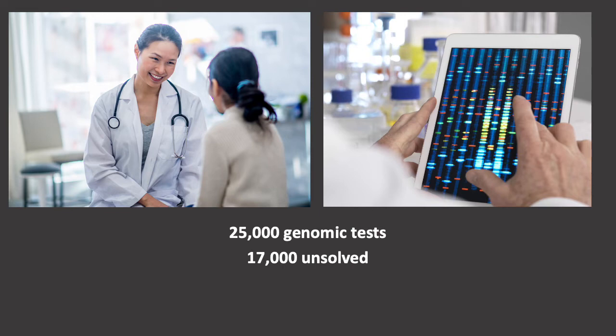We know that 10 to 15% of unsolved cases will be diagnosed every couple of years if their data is reanalyzed in light of new knowledge and analysis methods. 900 of these have been reanalyzed so far, but that's only 5% of the total that need reanalyzing. This means that at the current rate, using human power and manual analysis alone, it will take 15 years to reanalyze these tests. That's 15 years before some of these patients get a diagnosis.